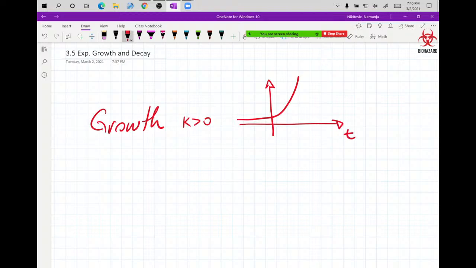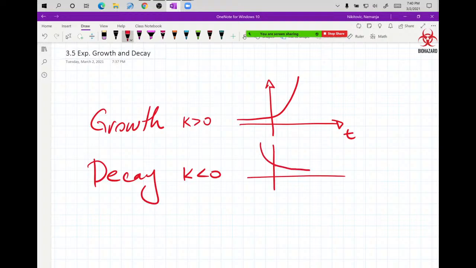This is time, usually. And then there will be a decay group, where k is negative, and the graphs would look like this. Again, this is the time axis. Now, the y-axis could be anything. Could be money, could be, we'll see, mass, and a whole bunch of other stuff.